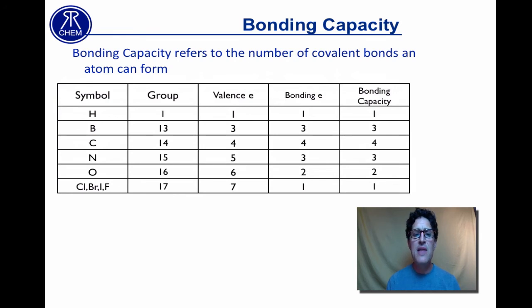Look carefully there at nitrogen and oxygen because the number of valence electrons does not correspond with the bonding capacity. You'll notice that carbon has the largest bonding capacity. I've included all of the halogens in the bottom left-hand corner because they all behave in the same way.